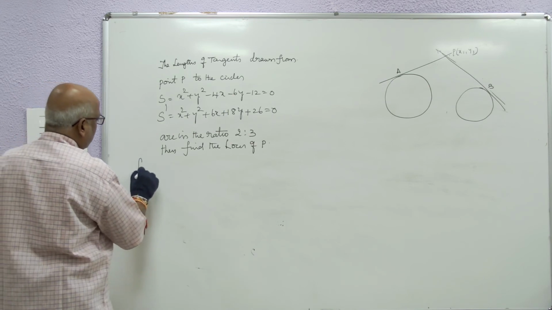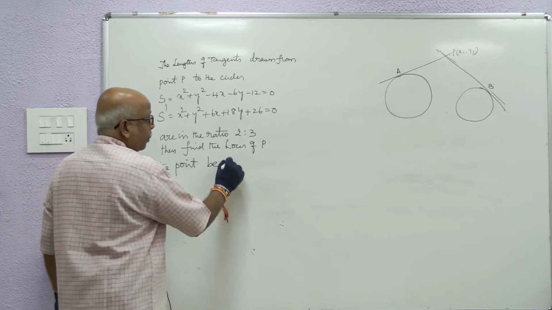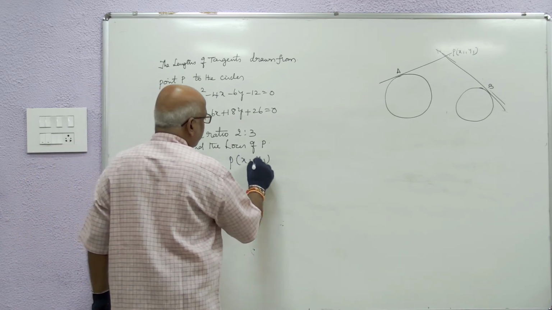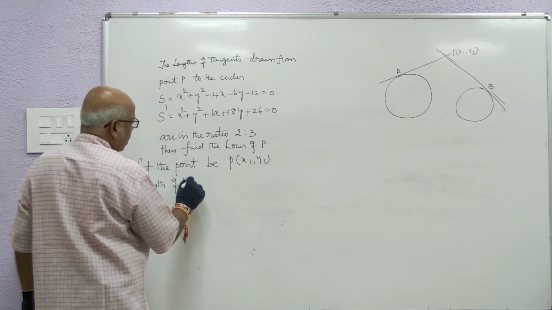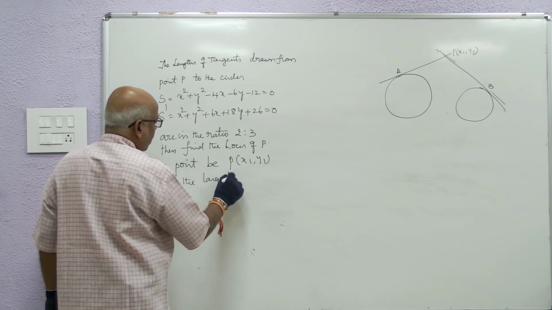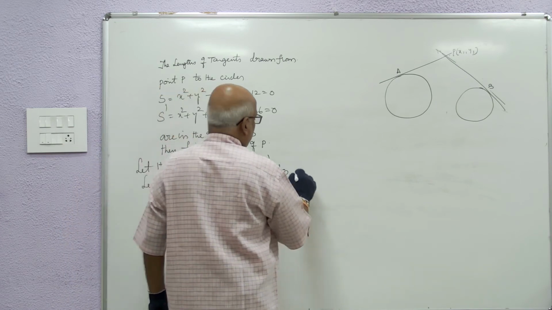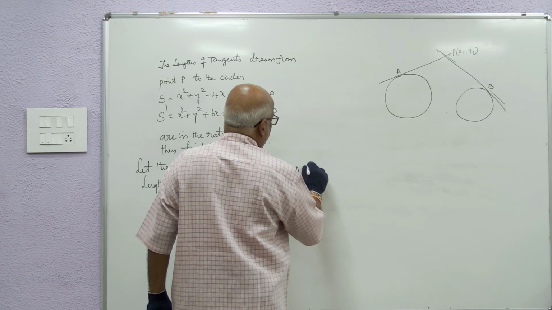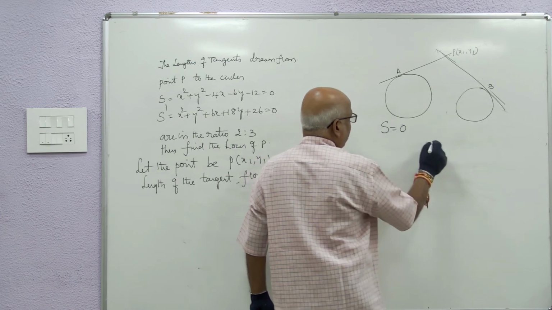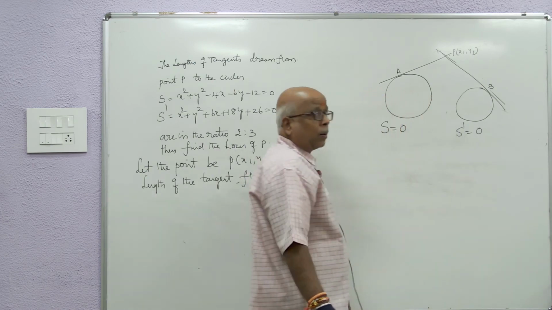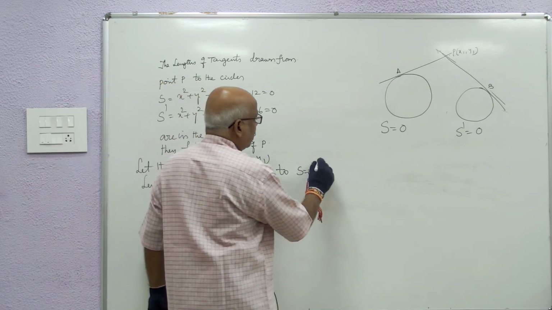To find out locus, let the point be P x1 y1. Length of the tangent from P to A, that is from P to the circle S equal to 0. First circle I will name it as S equal to 0. Second one I will name it as S dash equal to 0. So that is PA.